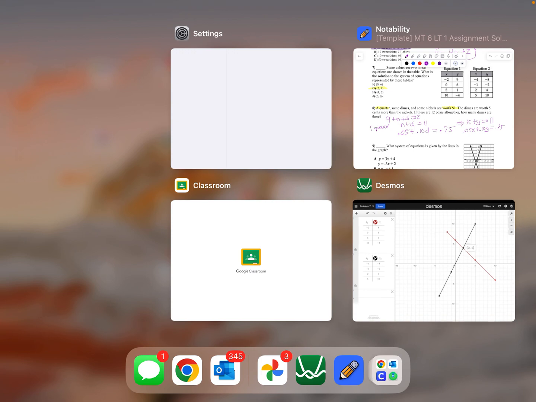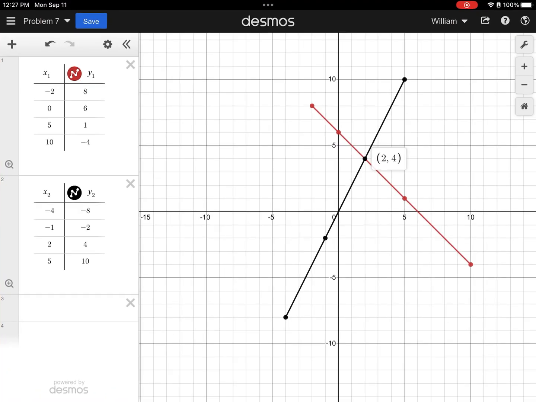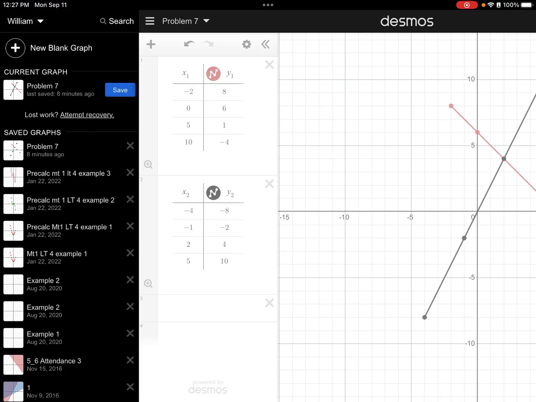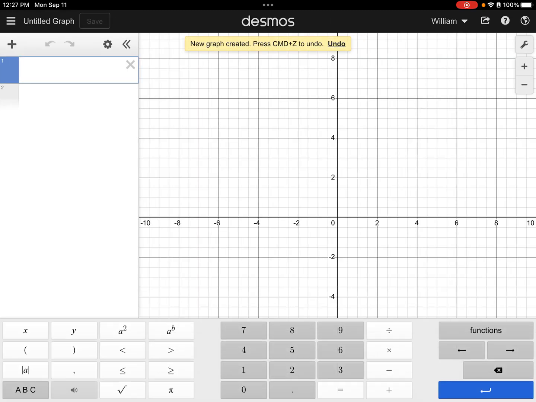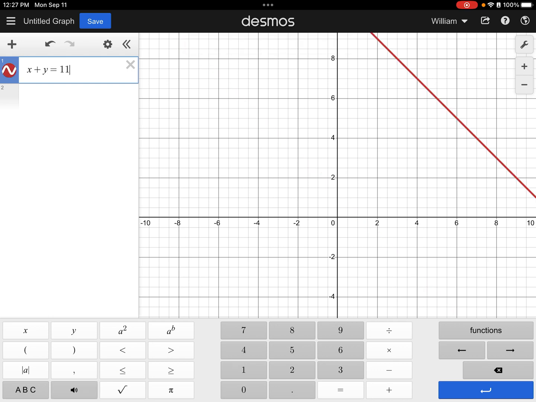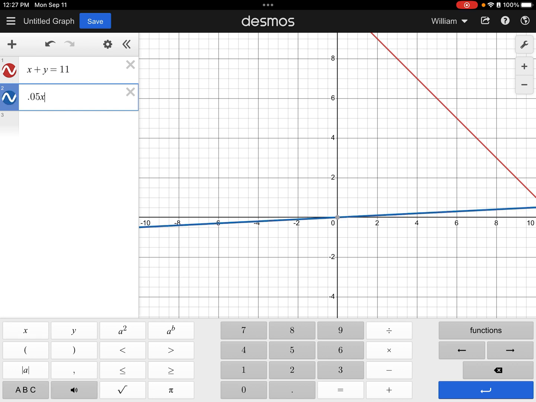I'm going to make a new graph here. And we know X plus Y is 11. And we'll say 0.05 X plus 0.10 Y equals 0.75.